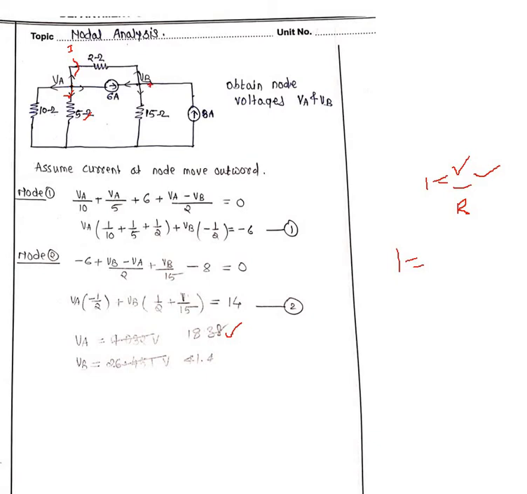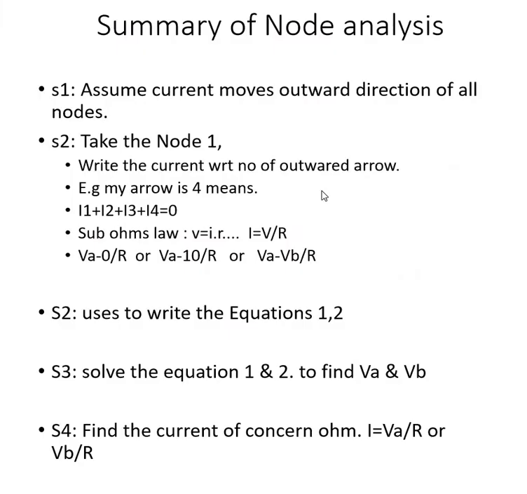VA minus VB. VA value minus VB value divided by 2. Why? Because there are 2 voltage sources, VA and VB. So that is about the current find out methods. So this is the node analysis summary.